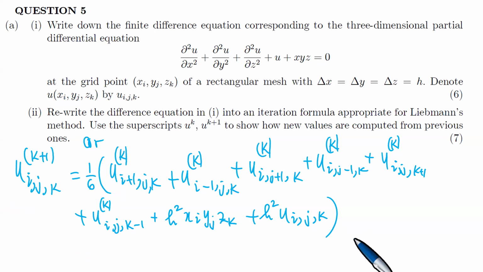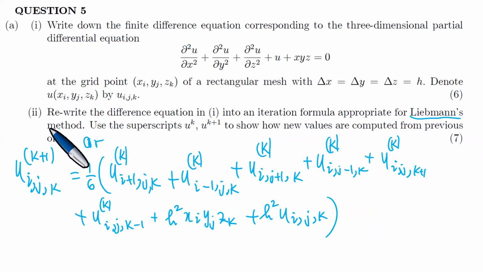In which case, if you write it like that without the 6 minus h squared in the denominator, we're going to have exactly the h squared for the u, and you can also have the h squared for the x, y, z, and we can also, in a similar manner, write it like so. But once again, as I said, it's simple to remember this because from the difference equation we normally use the former difference equation, but once again there's a conversion to what you call an iteration formula appropriate for Liebmann's method.